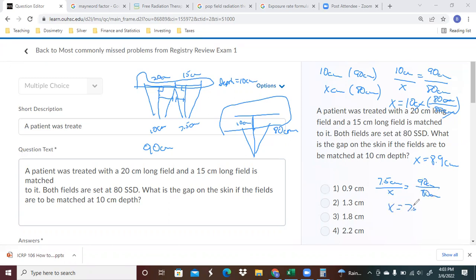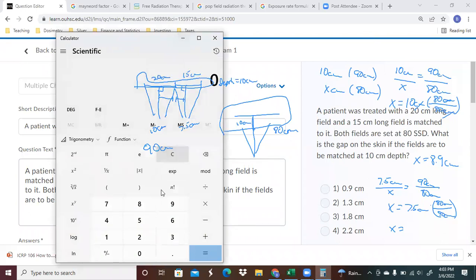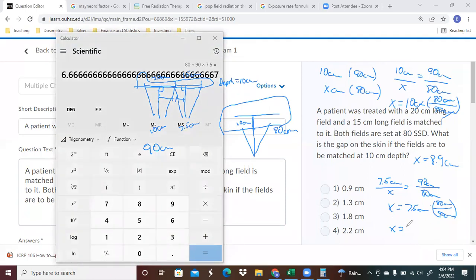X is equal to 7.5 cm multiplied by 80 cm over 90 cm. So I get about 6.7 cm.